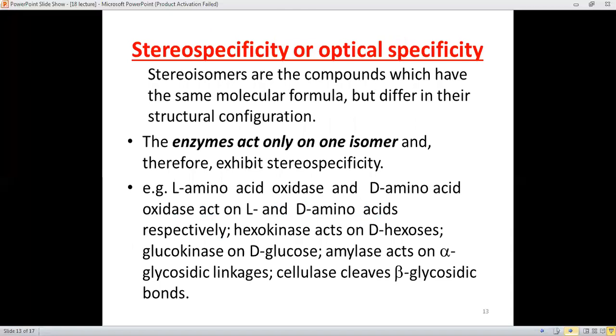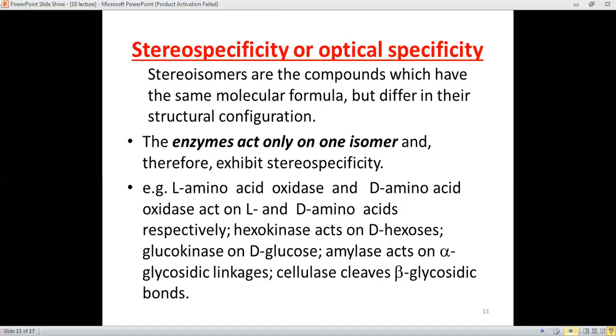Number one is stereospecificity, or optical specificity. Stereoisomers are compounds which have the same molecular formula, but they differ in their structural configuration, and the enzyme acts only on one isomer and therefore exhibits stereospecificity, and the second isomer will be left as such.